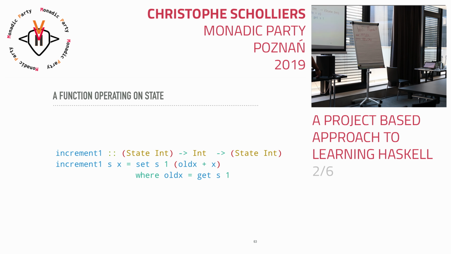So increment on a certain state with a new value: we just call set, and on what we set, we take the old value, which we get from the state at position 1, and then we add 1 to it.